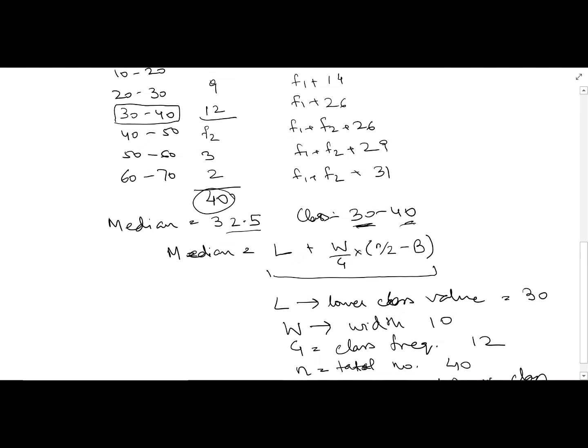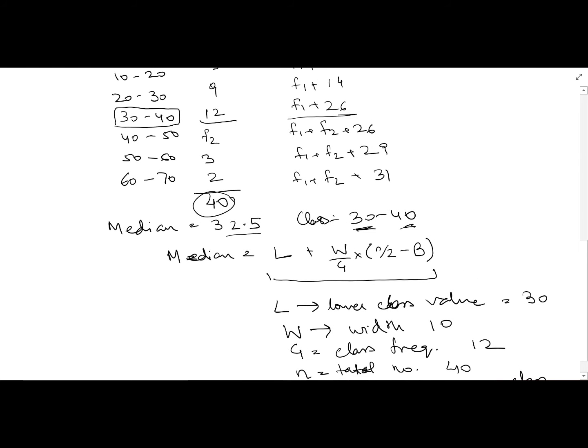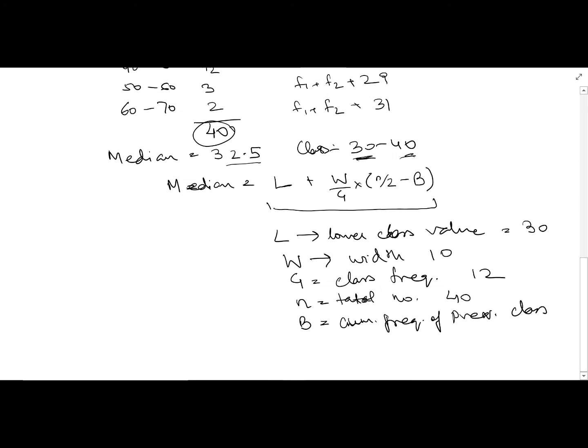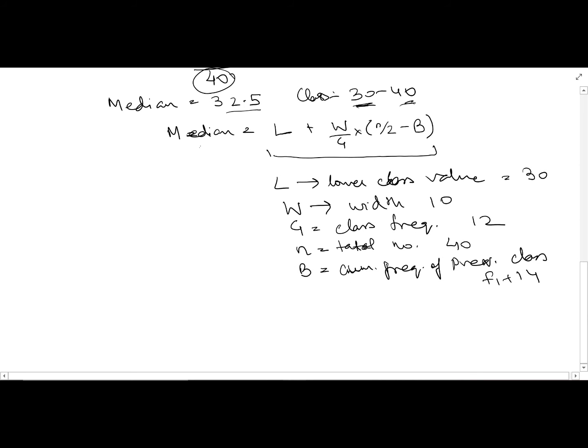So here, the previous class cumulative frequency is f1 plus 14. So now we know all values, we can plug them into the median.